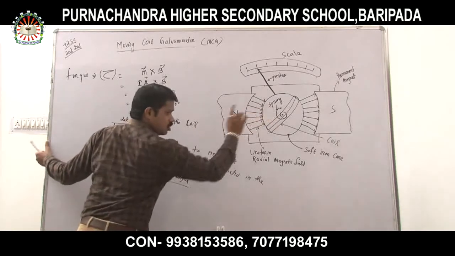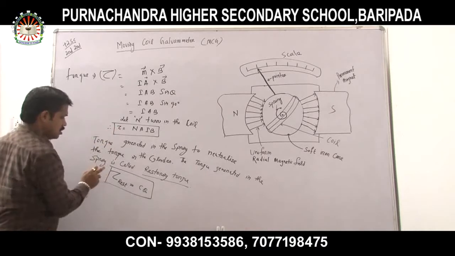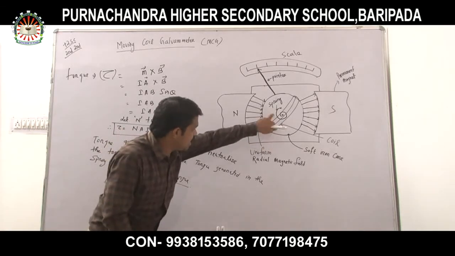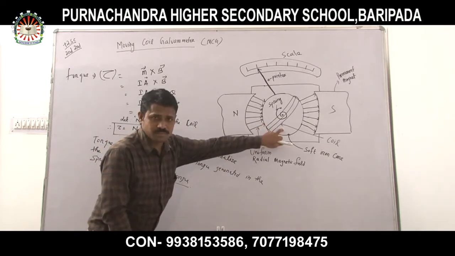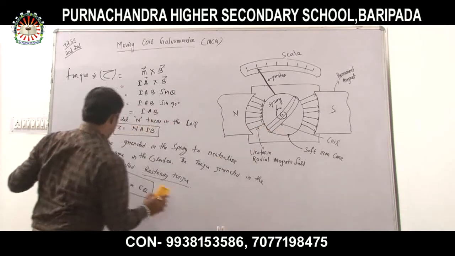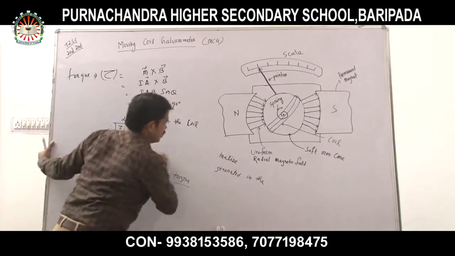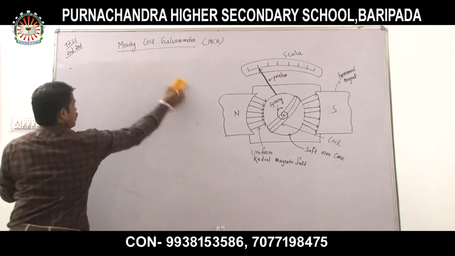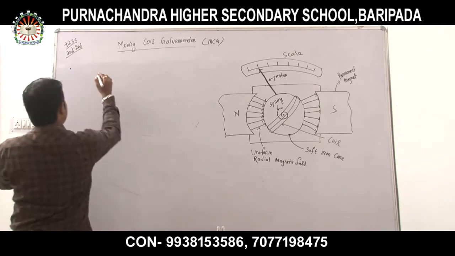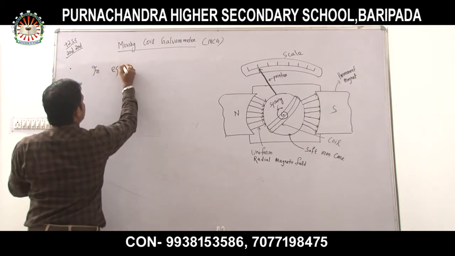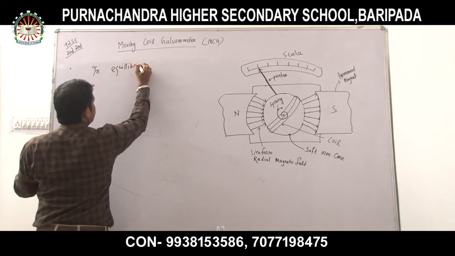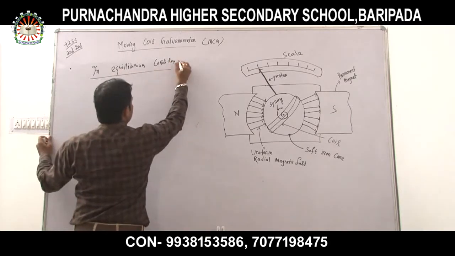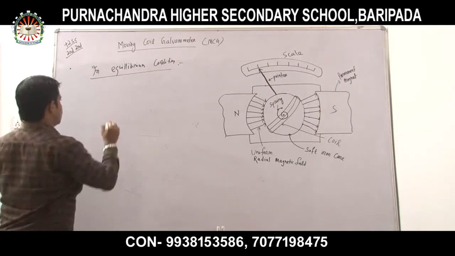To neutralize, in equilibrium condition, the torque generated in the spring and the torque generated in the coil must be the same. So here you have to write, in equilibrium condition. Okay, so in equilibrium condition, what happens?